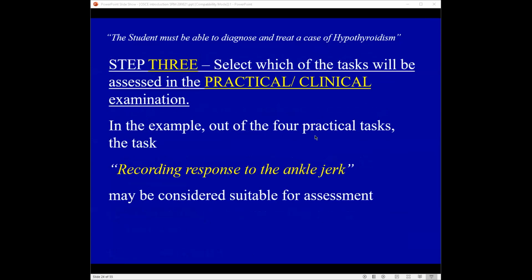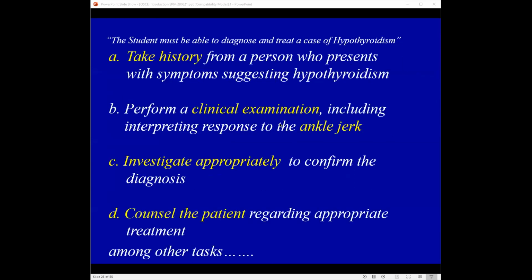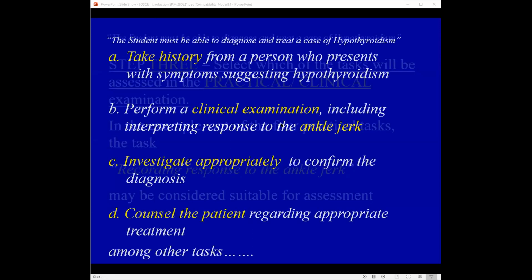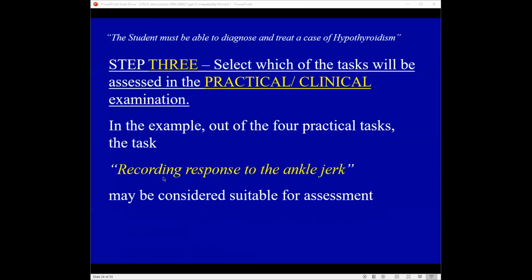So out of the 4 practical tasks, and I'll revisit those tasks, taking a history, performing an examination and interpreting the response to the ankle jerk, investigating and counseling, out of these, perhaps let us take this recording response to the ankle jerk. For today's clinical exam, let us choose this particular task as being the task that we would like to assess.